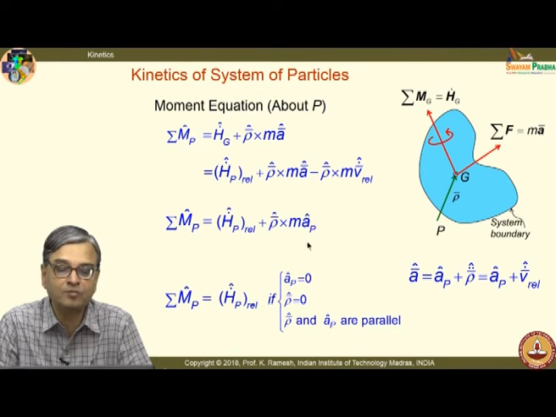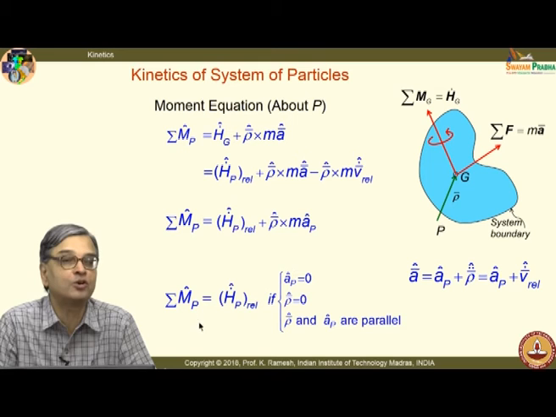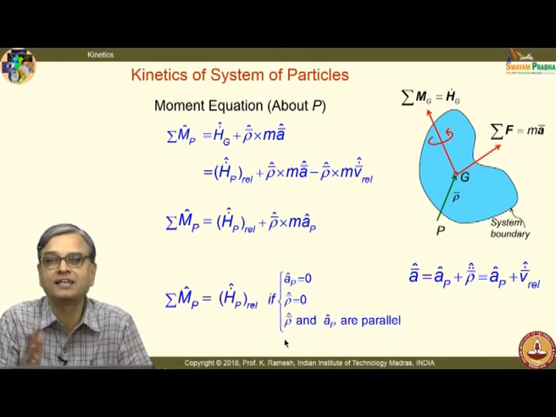So, the second term goes to 0 when any one of these conditions is satisfied. Then I have M_P equal to H dot P rel. See, this is nothing but playing with mathematics. You get a multitude of expressions. We have looked at the identities in between them. We will use them judiciously later.